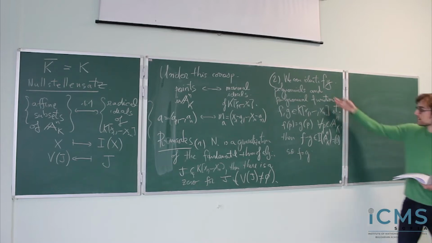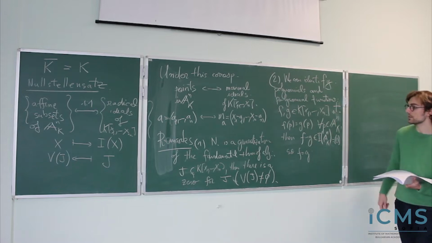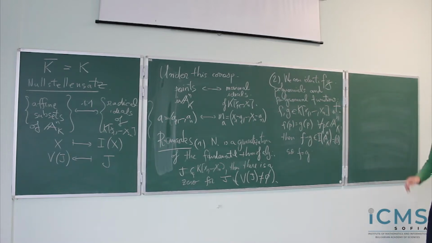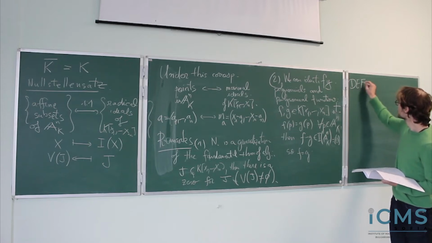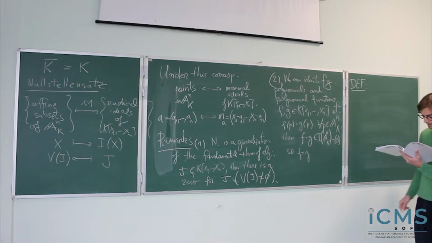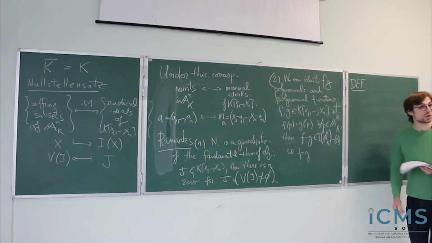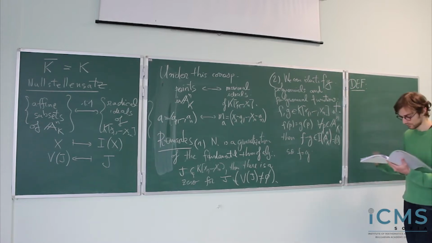Now that we have this kind of identification, this brings us to one of the very important objects for the study of the geometry of space, the coordinate ring of an algebraic space.